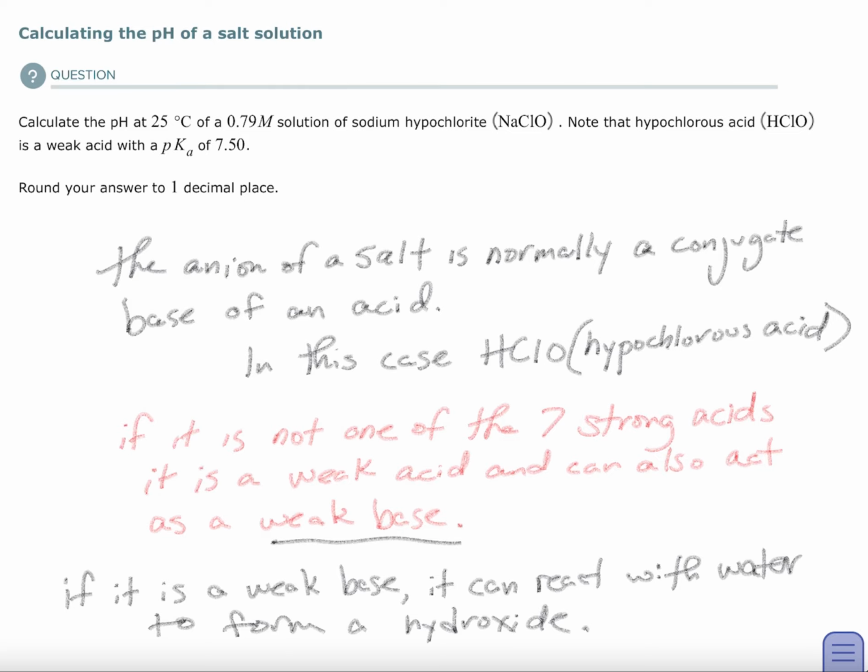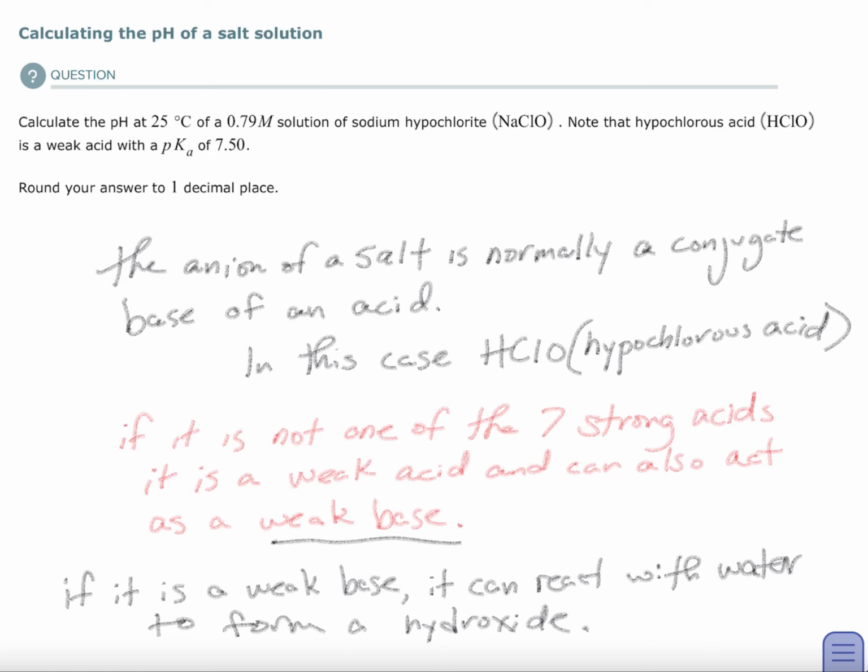So the anion of a salt often can receive the hydrogen from water. When you dissolve it in water, it can receive the hydrogen from that water and produce hydroxide. Now it is a weak base, so it's not going to produce lots of hydroxide.